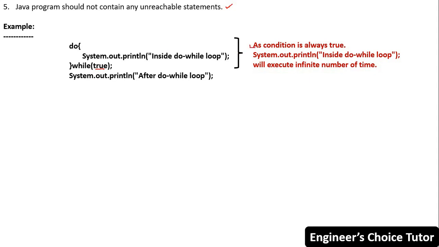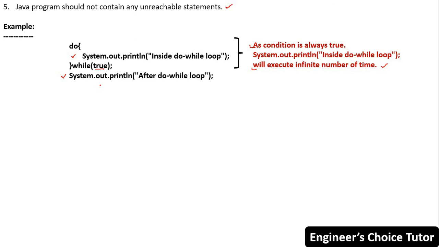As condition is always true, the statement system.out.println inside the do while loop will execute infinite number of times, and the statement system.out.println after the do while loop will never get a chance to execute.